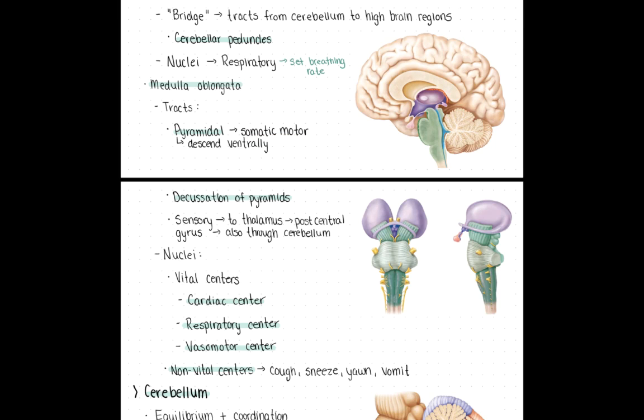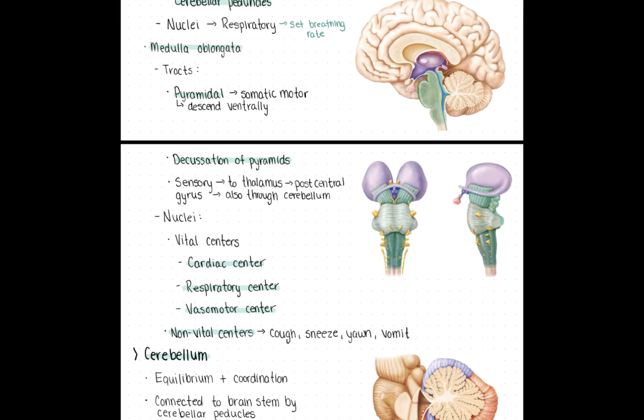A very important structure in the medulla associated with these pyramidal tracts is the decussation of pyramids. This is the point where our somatic motor information crosses over, because remember, everything is contralateral in the brain.